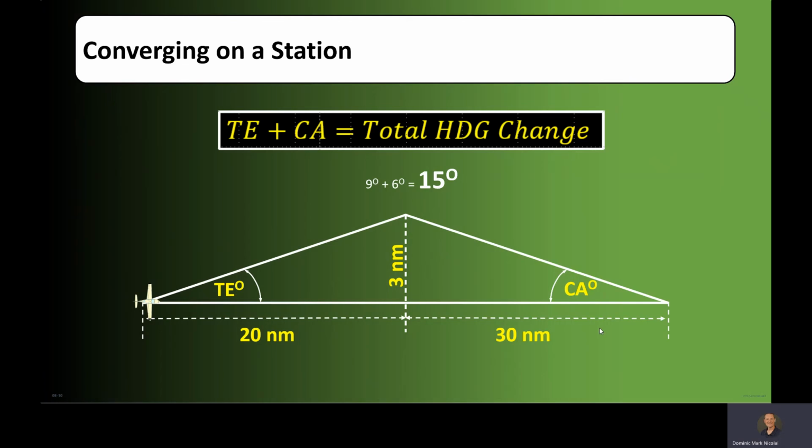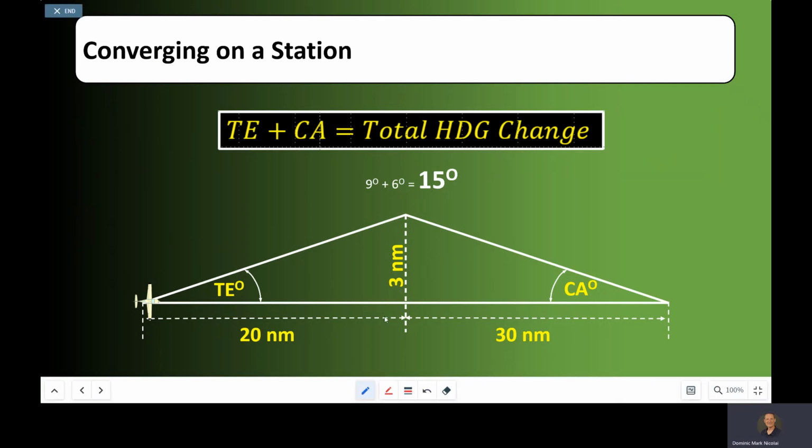So just reviewing this, the pilot was intending to fly an easterly course line. Because the pilot did not apply the proper wind correction angle, the aircraft tracked away from that course line at a 9-degree angle.